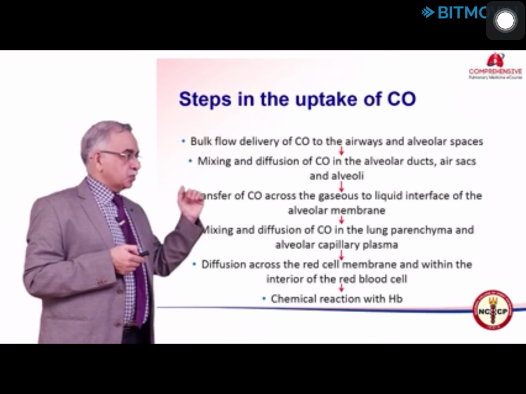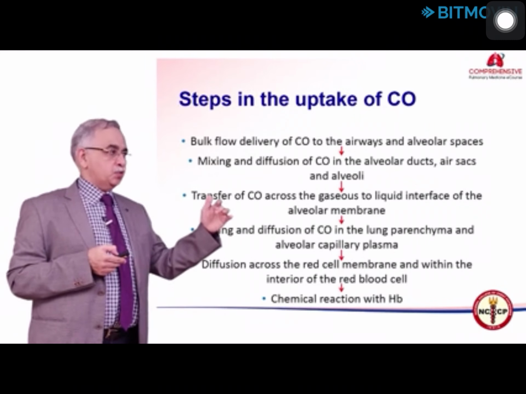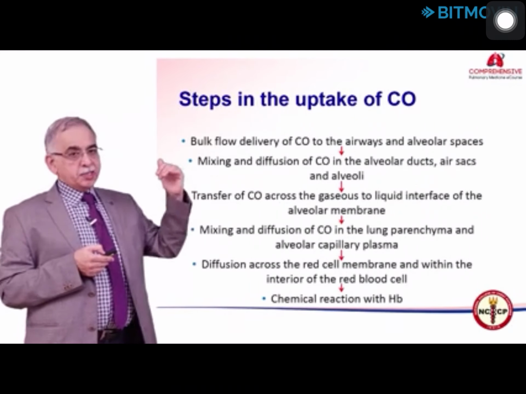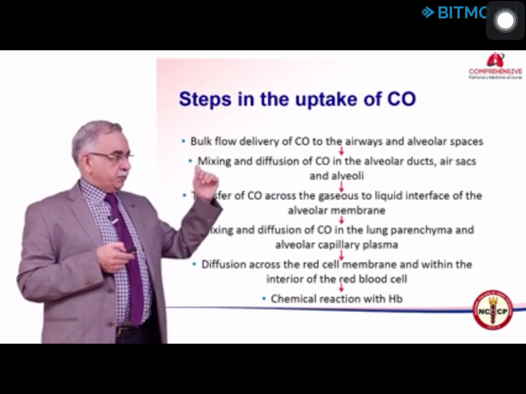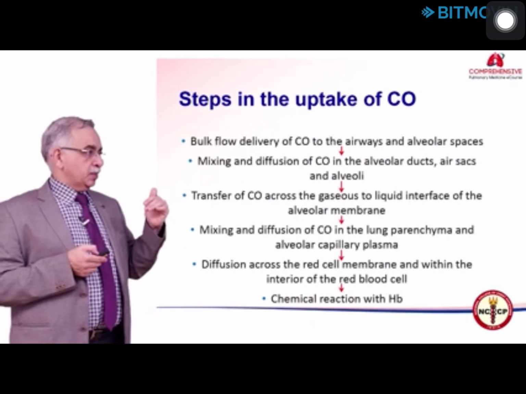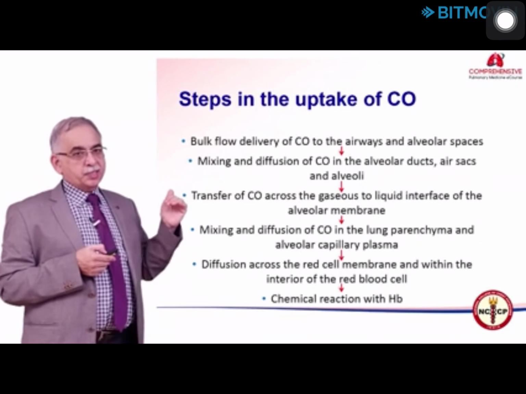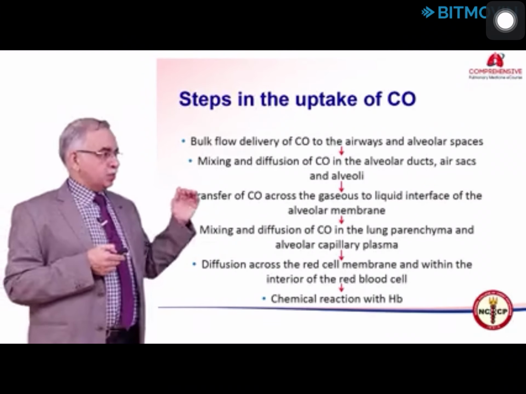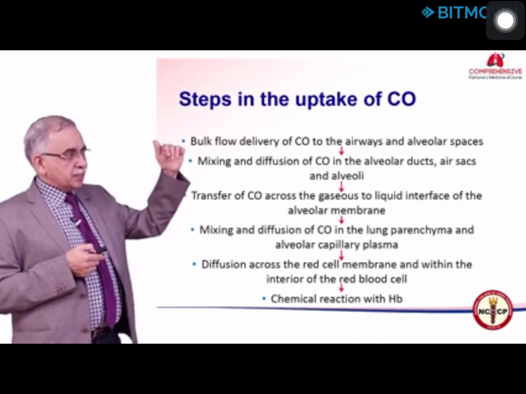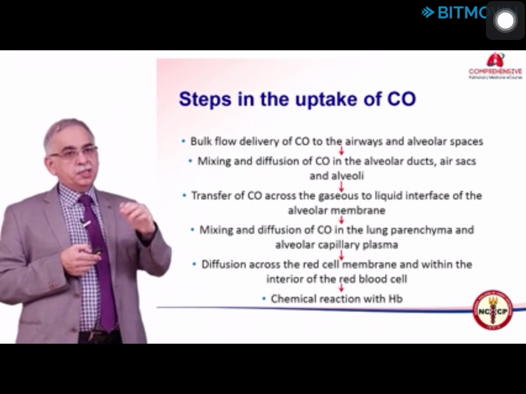Then it transfers across the alveolo-capillary membrane from the gaseous phase of the alveoli to the liquid interface of the lining fluid. Then it diffuses through the lung parenchyma and alveolar capillary plasma, diffuses across the red cell membrane, then goes inside and binds to the hemoglobin. So, that is the path that carbon monoxide takes from the alveolus to hemoglobin.